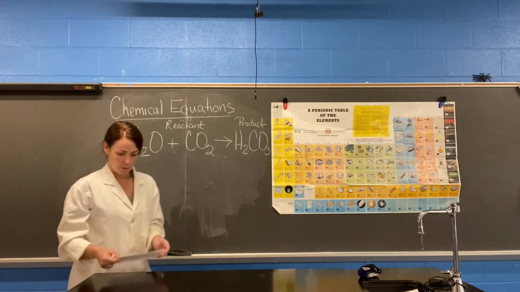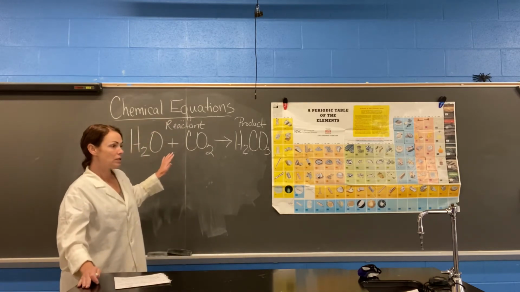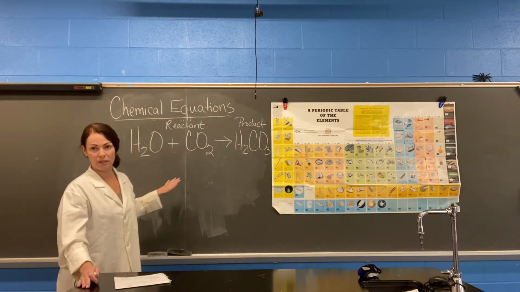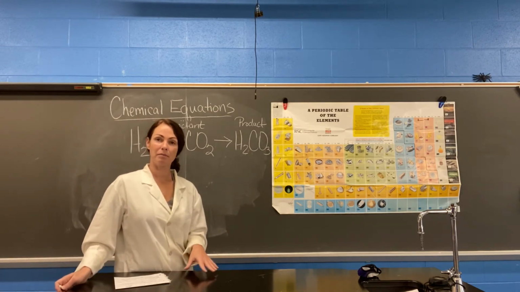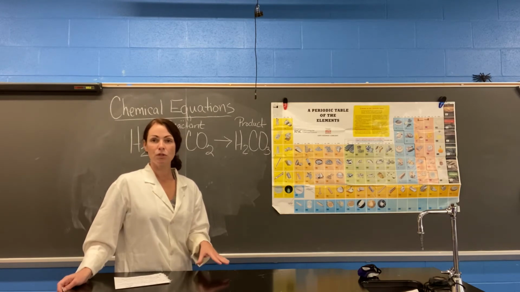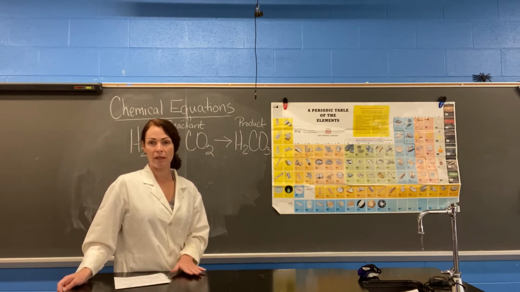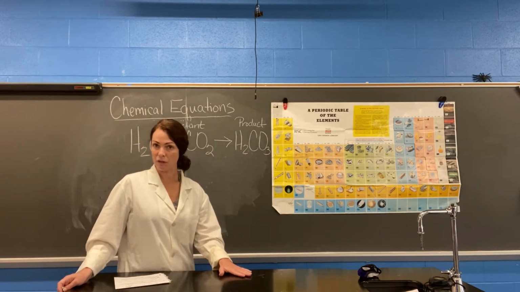It's also important that you understand that this is supposed to demonstrate the law of conservation of mass. The law of conservation of mass says that mass cannot be created or destroyed. It can only change form. So whatever you start with in a chemical reaction, you have to also end with, but it may look different.